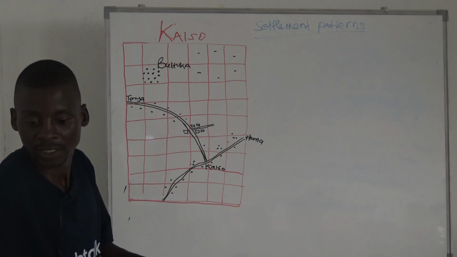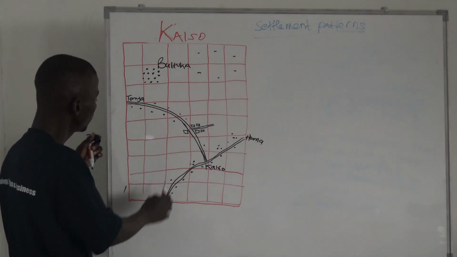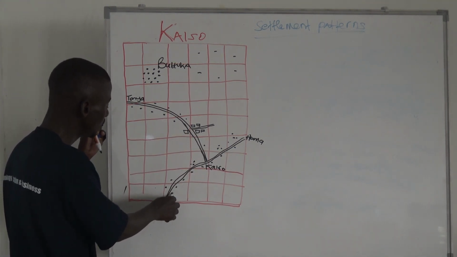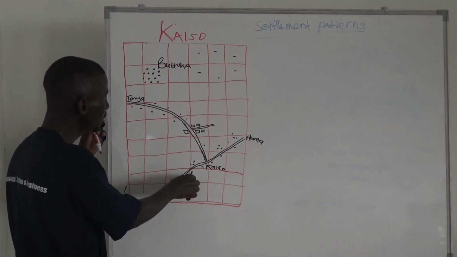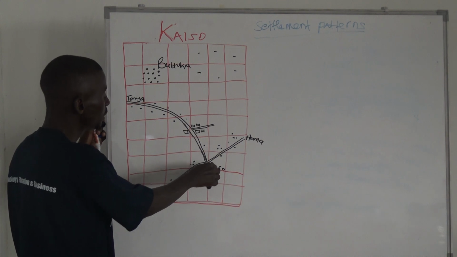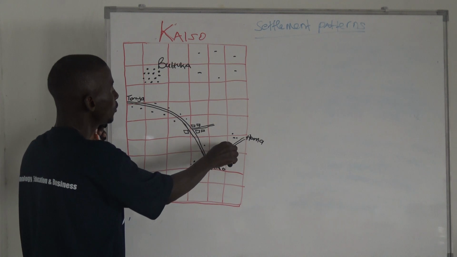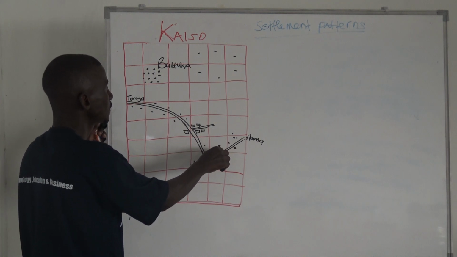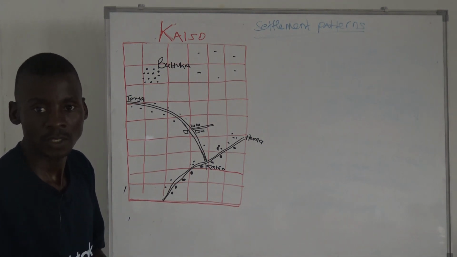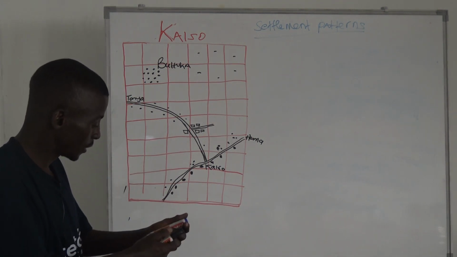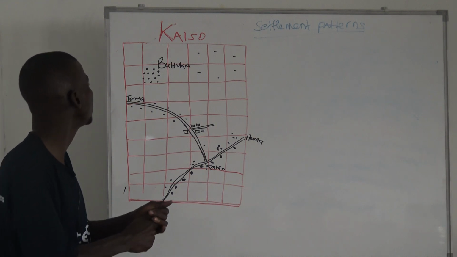I believe you are seeing these small dots. This one is a road, this is a road, but these black dots are the ones which represent different settlement patterns. According to our key, the black dots are homes, different homes. So the way they are displayed will always tell what settlement pattern that one is.